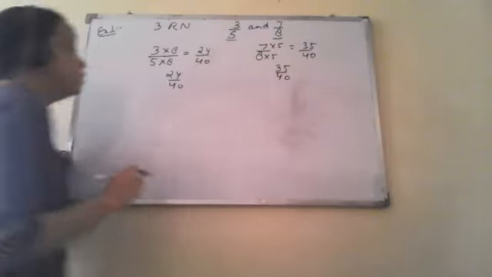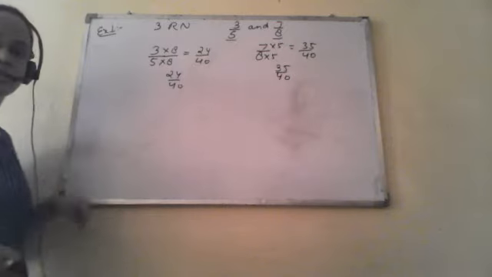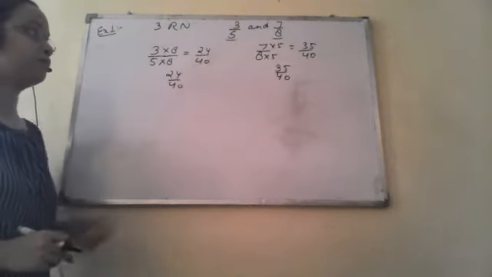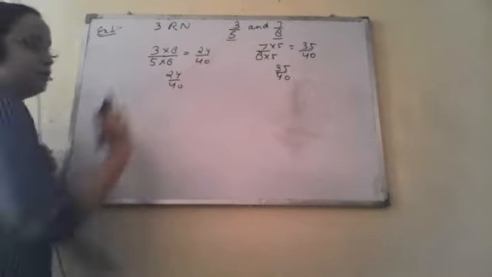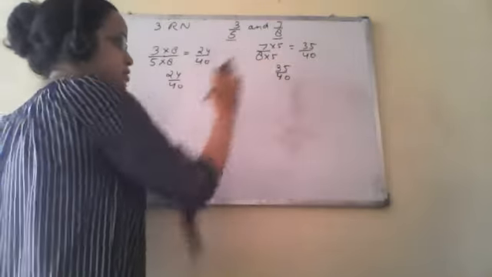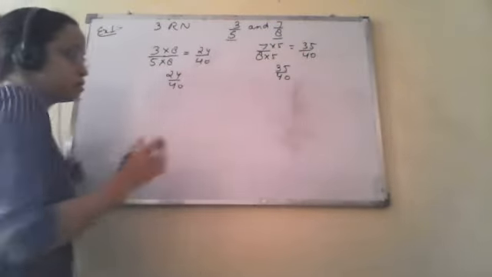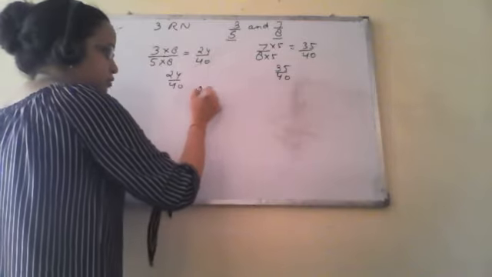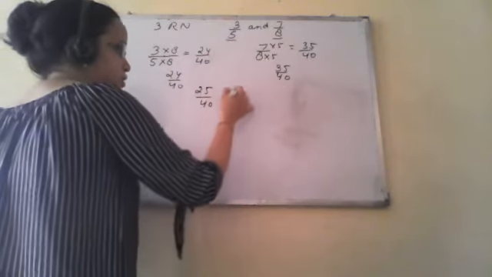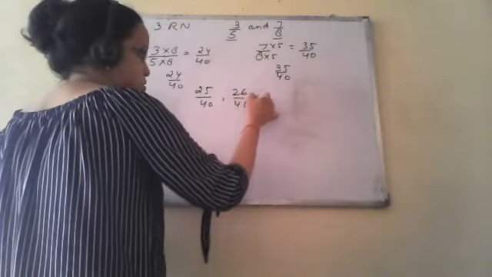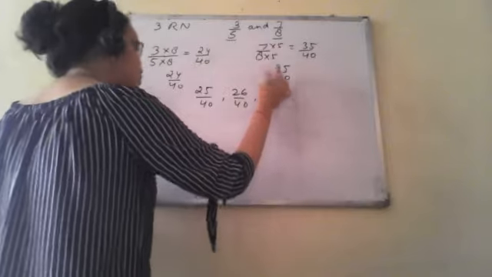Now what do we have to do? Since we have to find 3 rational numbers, you can directly find them because this is 24 and this is 35. So you can easily find this is 25 upon 40, this is 26 upon 40, this is 27, and you can even find more.